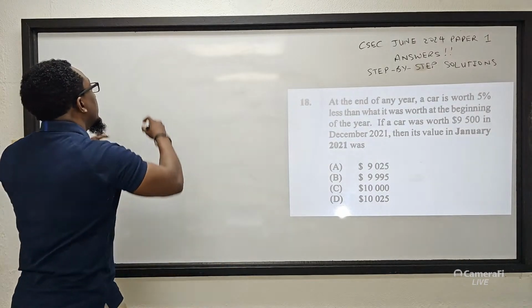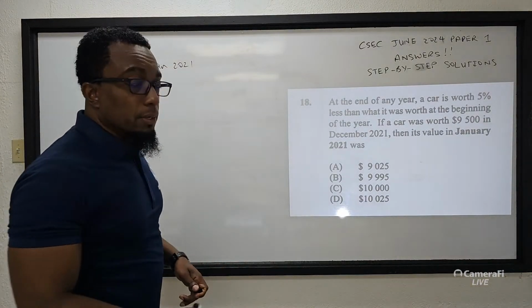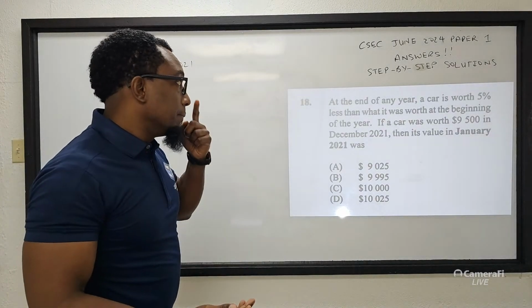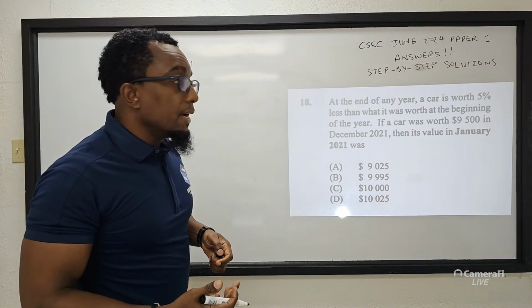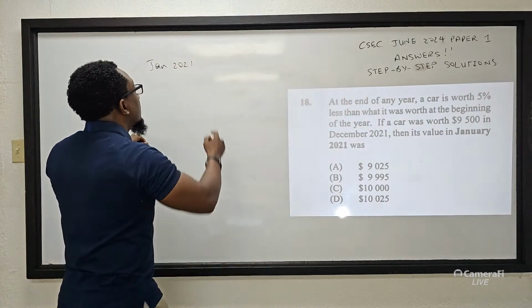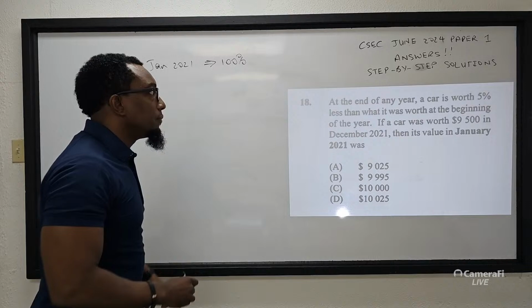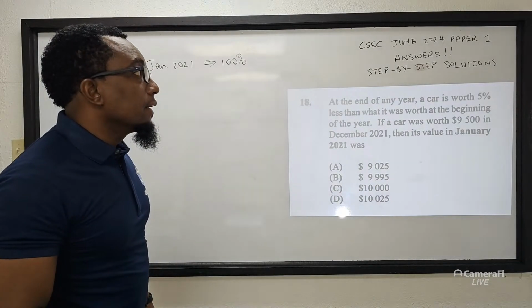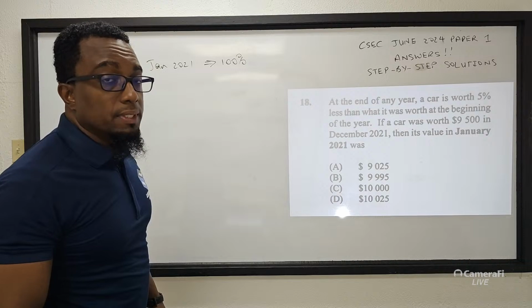So in January 2021, we do not know the value of the car, but let's represent the initial value of the car as a percentage. Let's represent it as 100%. Now at the end of this year, a car is worth 5% less than what it was worth at the beginning of the year.